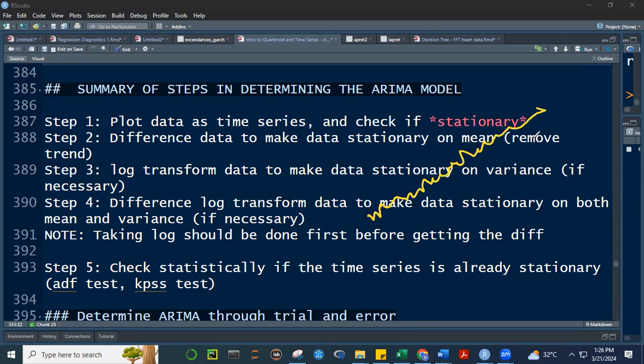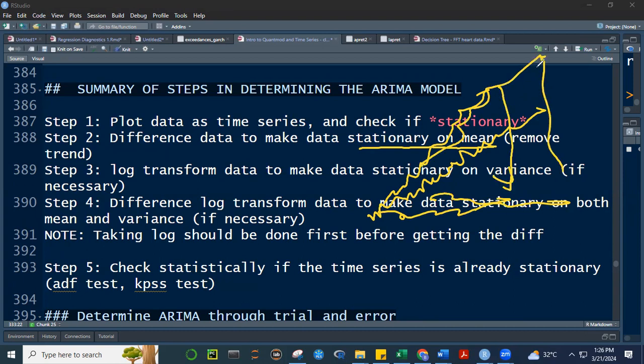So it has a trend. So that's why it's not stationary in mean. However, it's stationary in variance, because the variance is not behaving this way. The variance is not increasing over time or decreasing over time. The variance here seems to be constant, no?